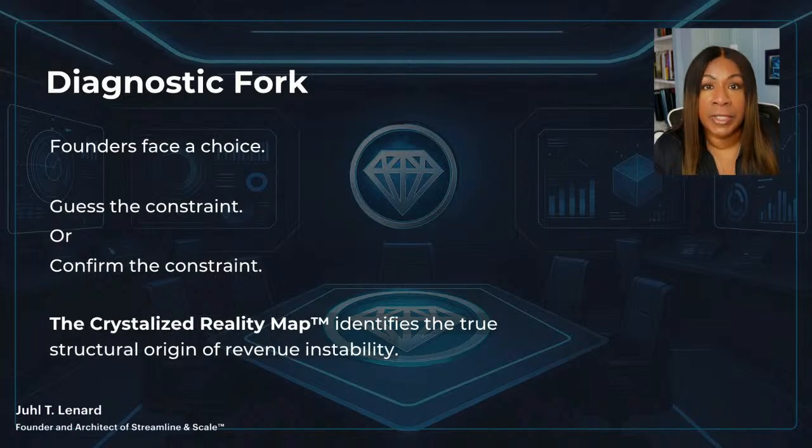So founders face a choice. You can guess the constraint or you can confirm the constraint. The Crystallized Reality Map identifies the true structural origin of the constraint within a business and that origin of revenue instability.